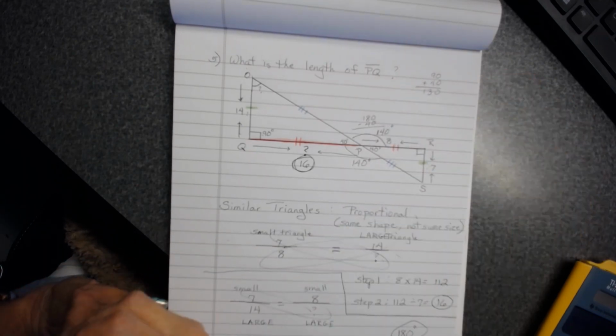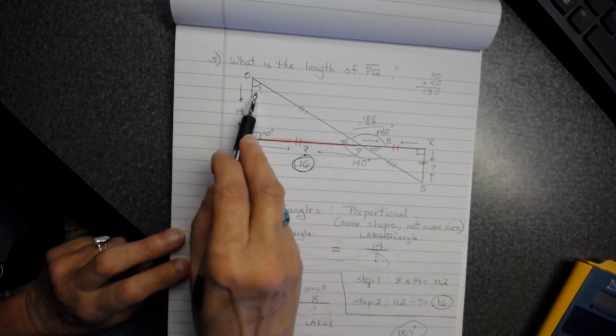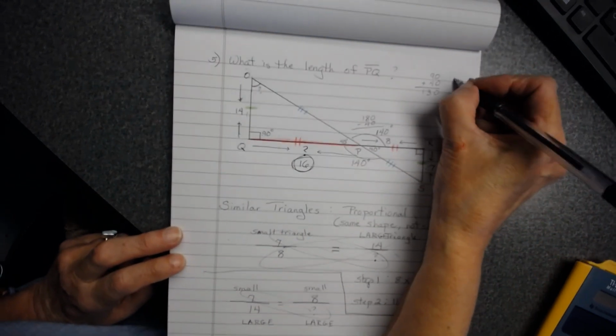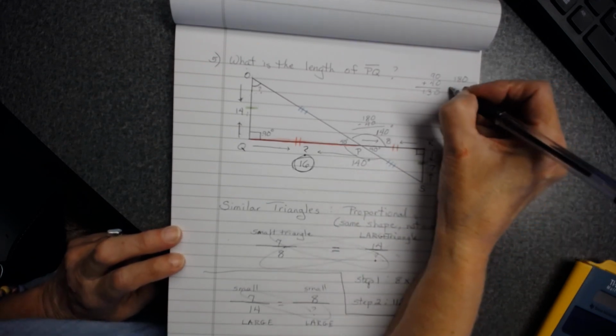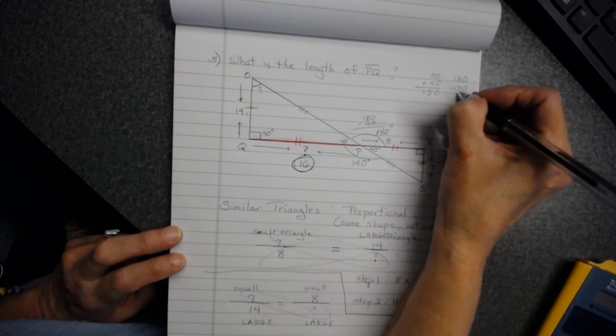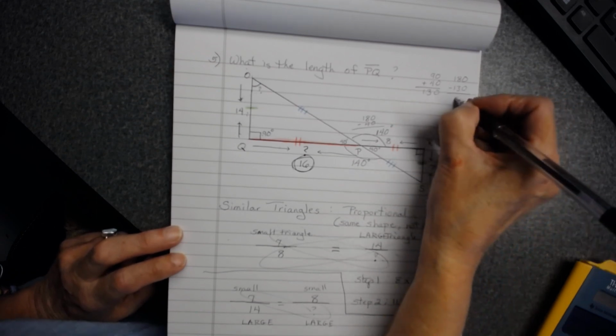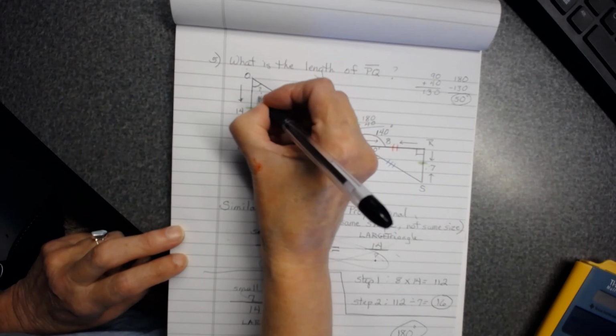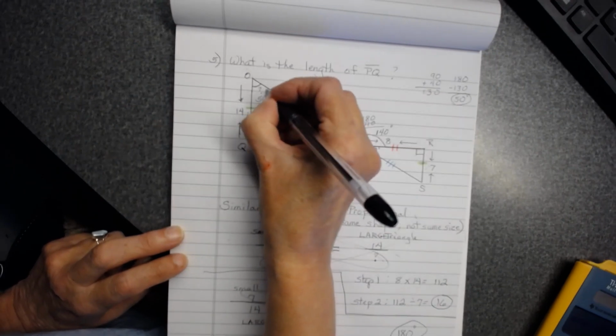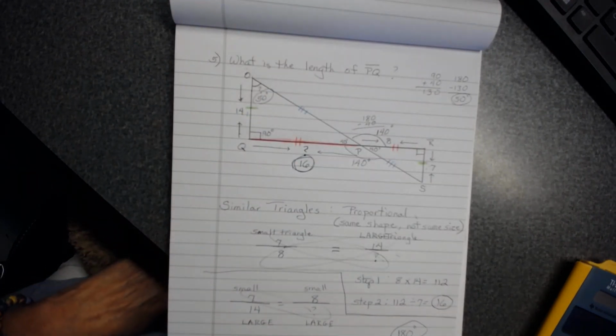If you need to find the measure of one of the angles within a triangle, say we don't know what this measure is right here for that angle within the triangle, remember that all the angles within a triangle add up to the magic number 180 degrees. Okay? So we can find the measure of that angle. First thing you want to do, add the two angles together that you know. So let's add 90 plus 40, and we get 130. We want to know what this one is. The next step, take your magic number, 180, and subtract this from it. And it tells us that the measure of this angle right here is 50 degrees.